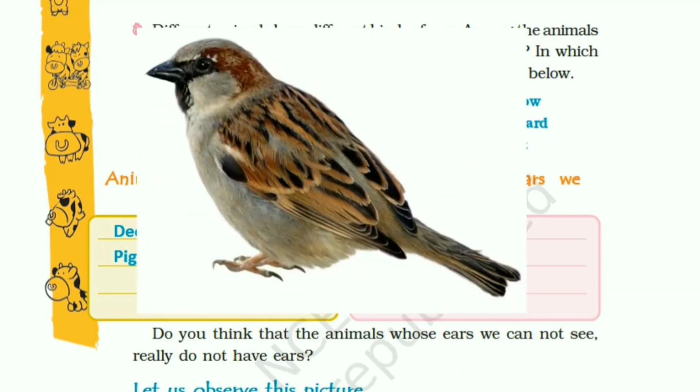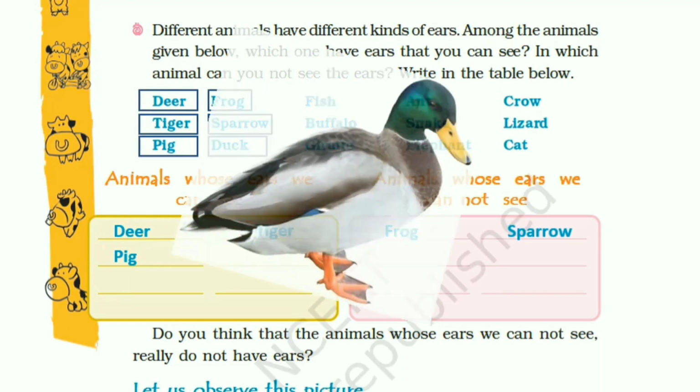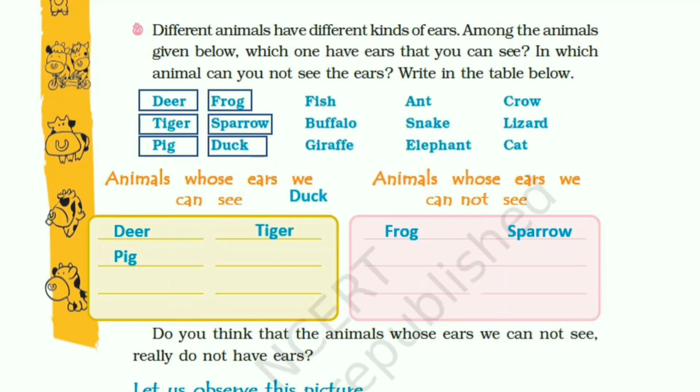We cannot see the ears, and it goes to table number 2. Next is duck. Here is the picture. And we cannot see the ears, so it goes to table number 2.